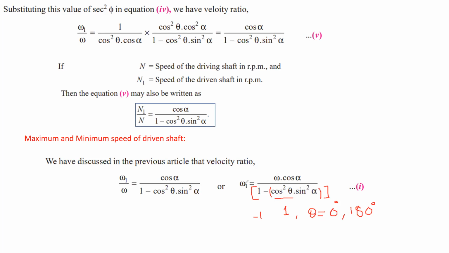So you will get the maximum value of omega 1 as omega upon cos alpha. And this value of omega 1 will be when theta is equal to 0, means just when the driving shaft is starting rotation, at that time the angular velocity of the driven shaft will be maximum.